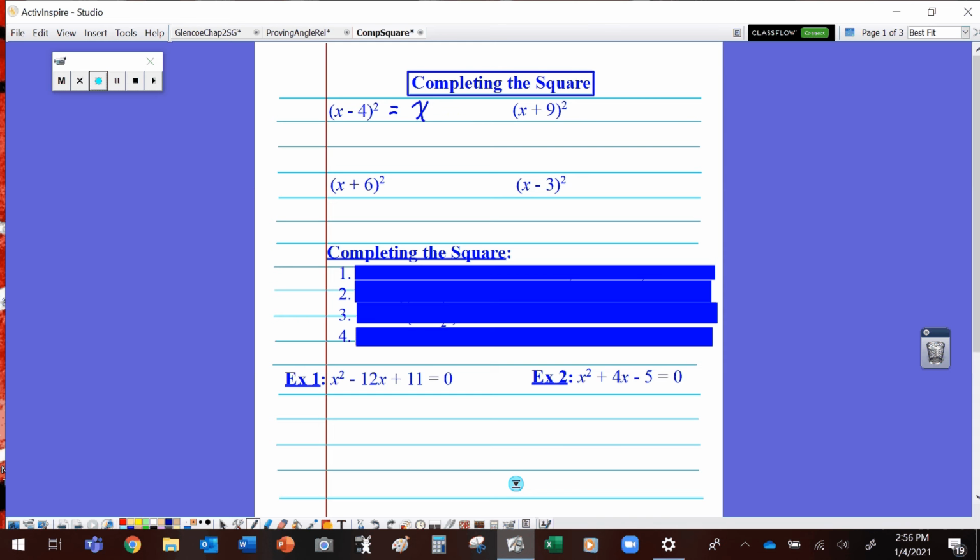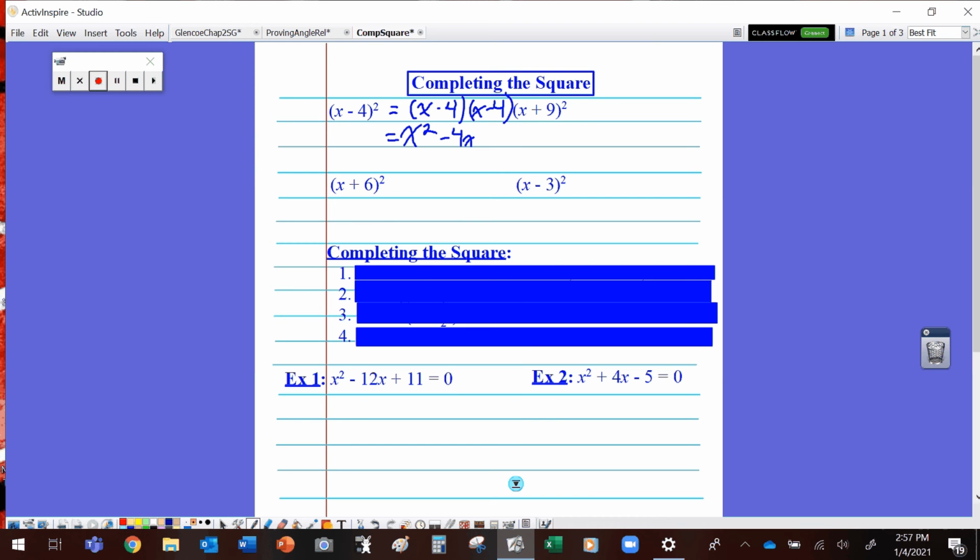What we actually have to do here, to square something means to multiply it by itself. So we write it out twice: the quantity x minus 4 times the quantity x minus 4, and we actually carry out that multiplication. If I FOIL this, x times x gives me x squared. x times minus 4 gives me minus 4x.